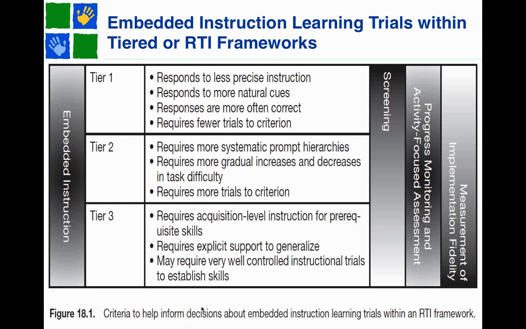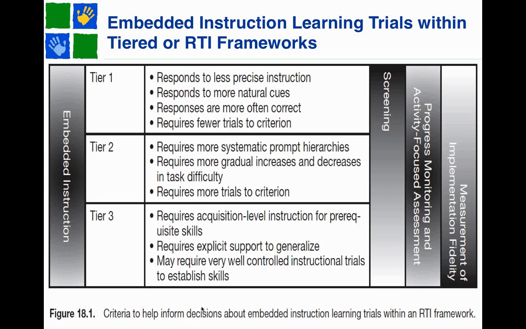So we would need to think about the fact that the dose of embedded instruction provided for some or individual children would probably vary based on a number of contextual features, such as the structure of the core curriculum activity or routine, the number of staff available to provide intentional and systematic instruction during the kinds of Tier 1 activities and routines that might be occurring, or the learning targets that are specified for some children or for an individual child.